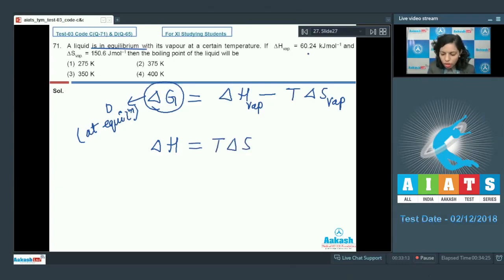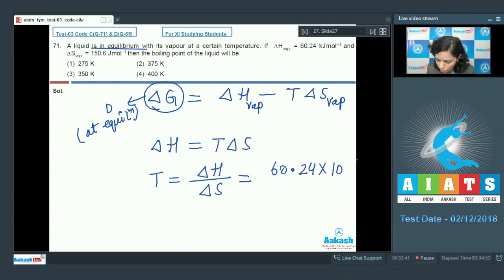Delta H value we already have. Delta S value is also there. So we just have to find out that temperature at which these two states coexist, and that is the boiling point of that liquid. So T is equal to delta H upon delta S. And what is the value of delta H here? Delta H for the vaporization, that is 60.24 kilojoule per mole. Let's change it into joule per mole.